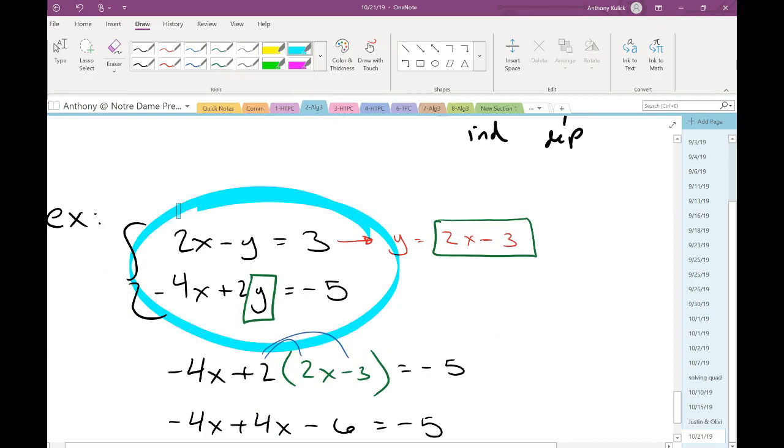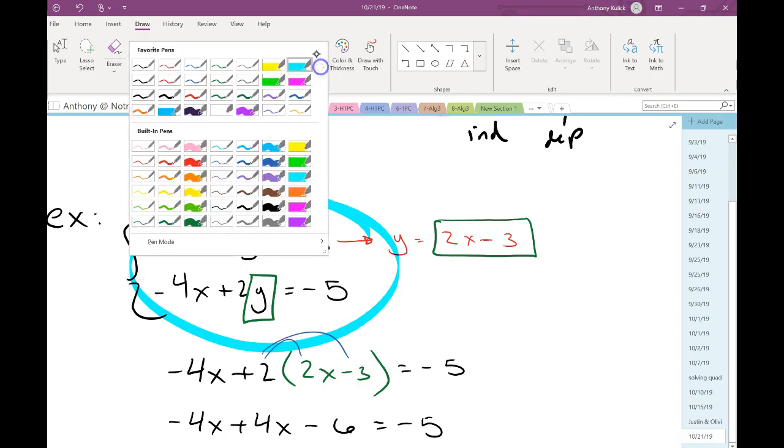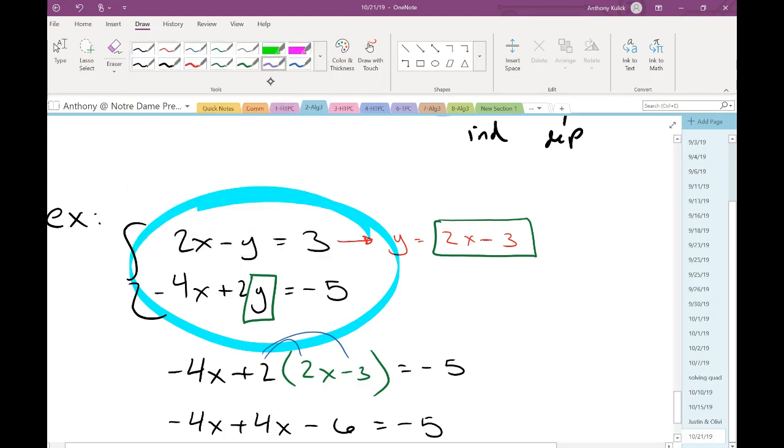Let's look at the same thing here. What do we notice going on when we compare equation A and equation B in this example?